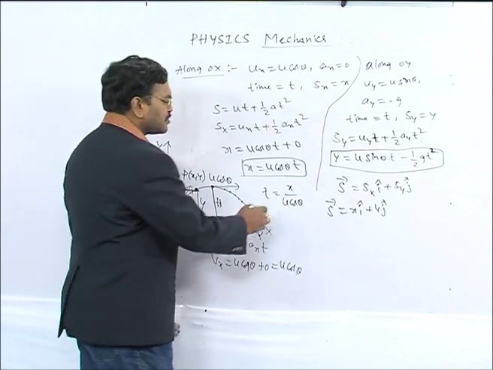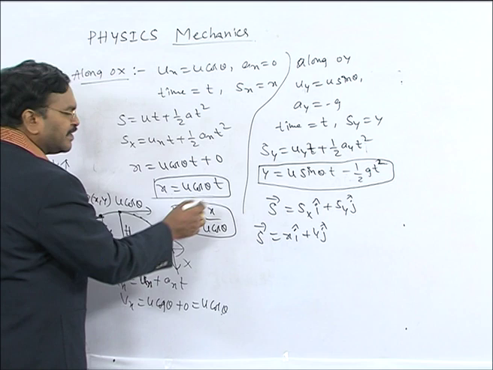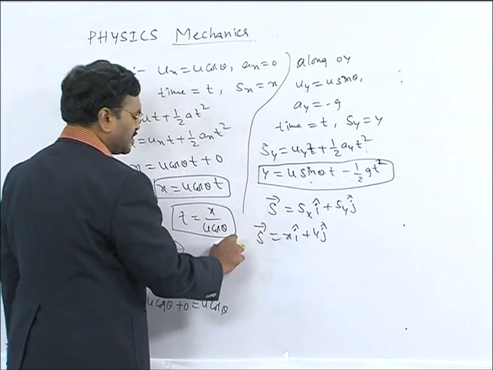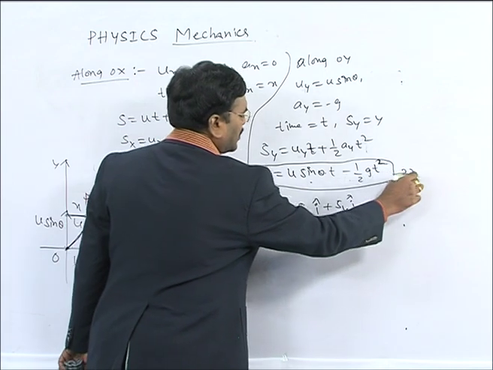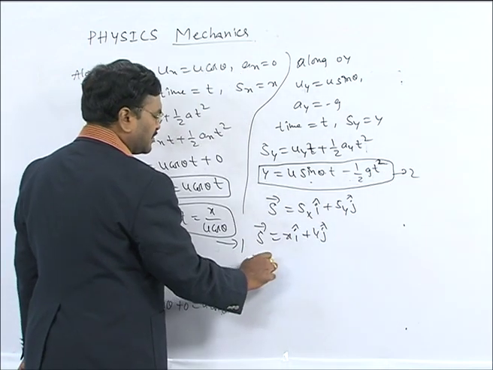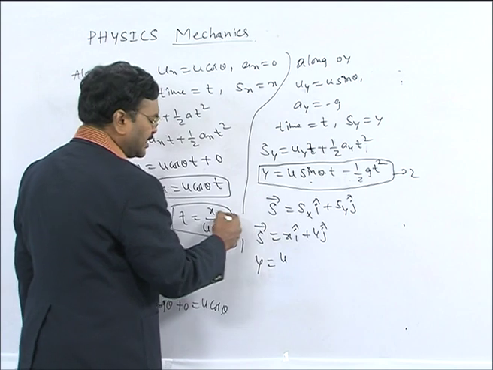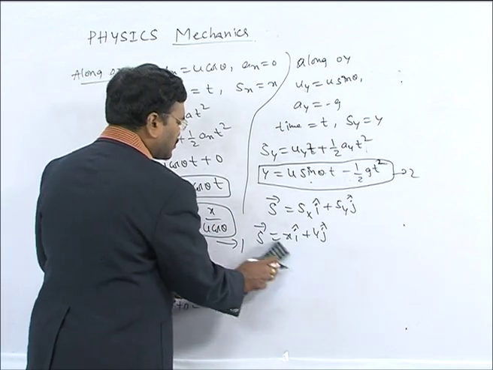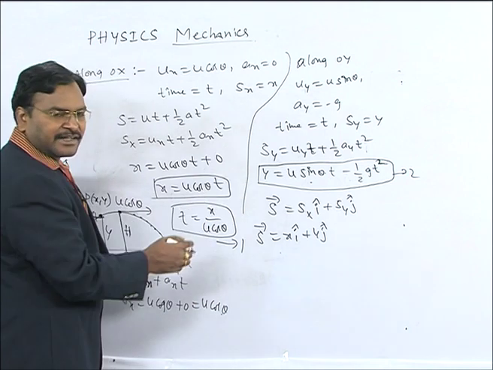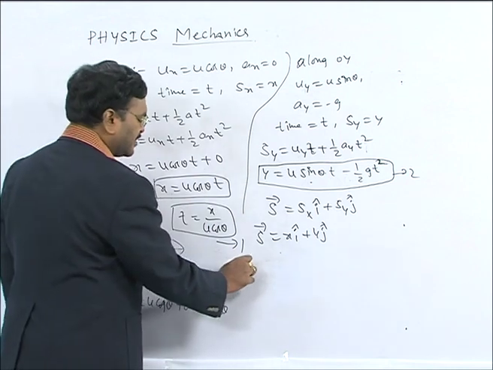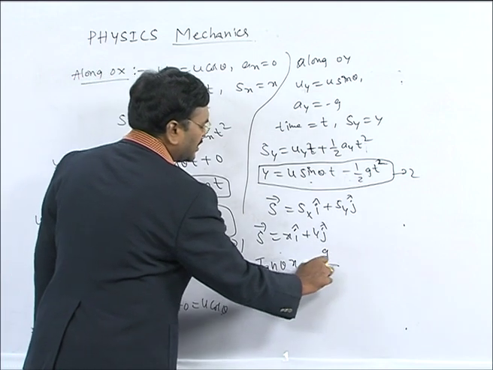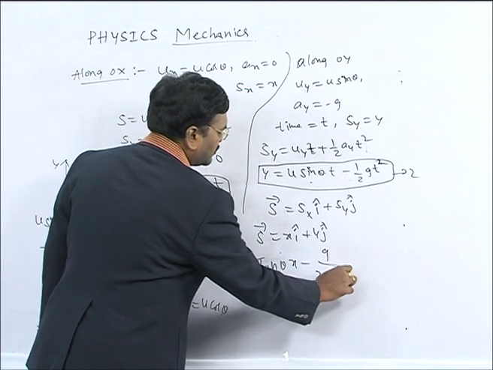Now we substitute this t value from the first equation into the second equation. We get y is equal to u sin theta into x by u cos theta minus half g into x by u cos theta whole square, which gives tan theta into x minus g by 2u square cos square theta into x square.